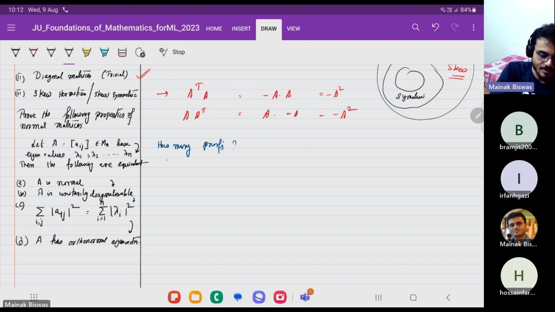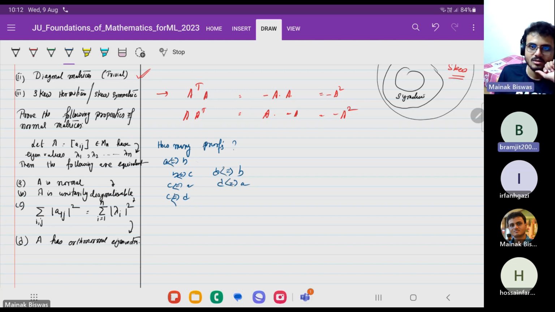Equivalent means A would imply B, B would imply C, C would imply A, C would imply D, D would imply B, and D would imply A, and so on. Both sides, not only one side. Six of these, 4C2 into 2 factorial, because both sides are needed. So you will be needing 12 proofs.